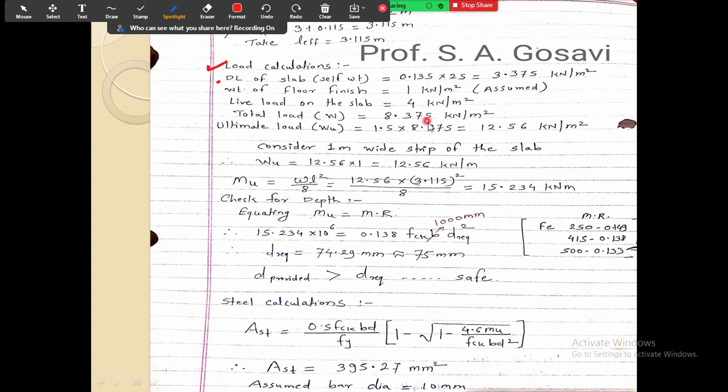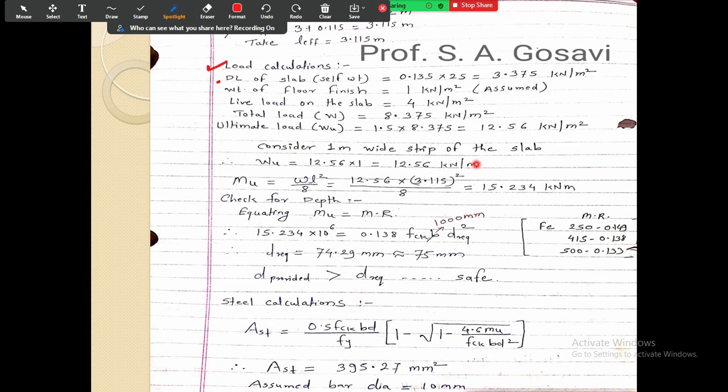So everything will be in kilonewton per meter square, and at the end you can assume a 1 meter wide strip of the slab, and then multiply this quantity by 1, so you will get the answer in kilonewton per meter. Why do we want it in kilonewton per meter? Because kilonewton per meter square is the unit of stress, it is not the unit of load.